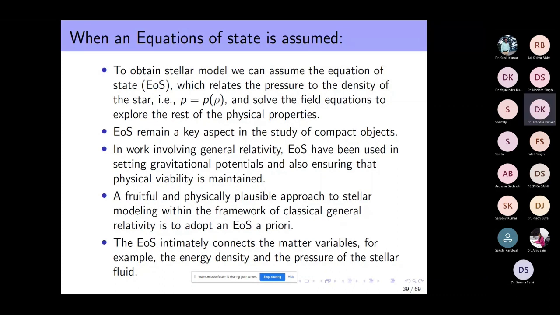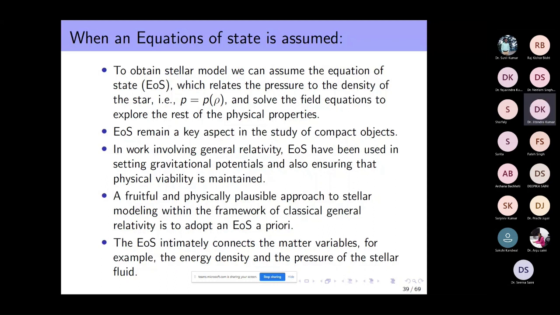The equation of state remains a key aspect in the study of compact objects. In work involving general relativity, equations of state have been used in setting gravitational potentials and also in ensuring that physical viability is maintained.